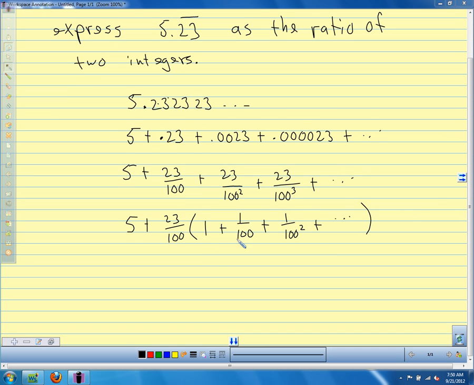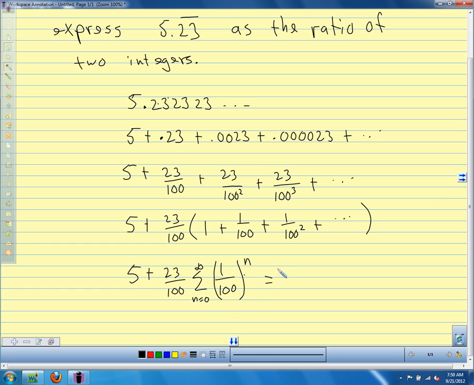And what do we have here? A series, and it's one of our nice special kinds of series. This is the sum, n equals 0 to infinity, of 1 over 100 to the n.